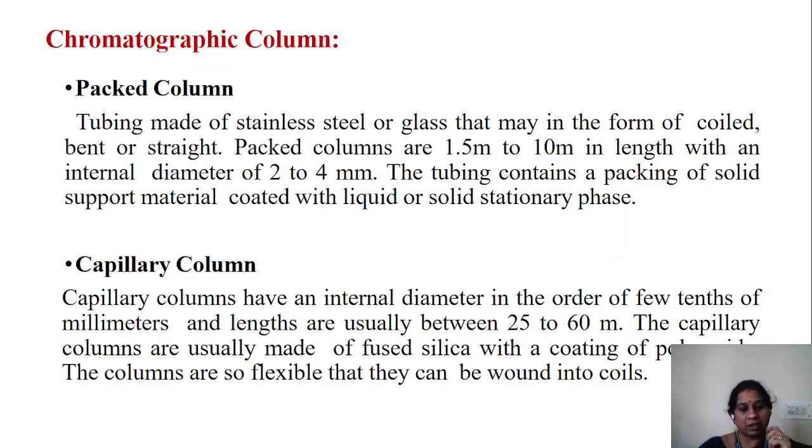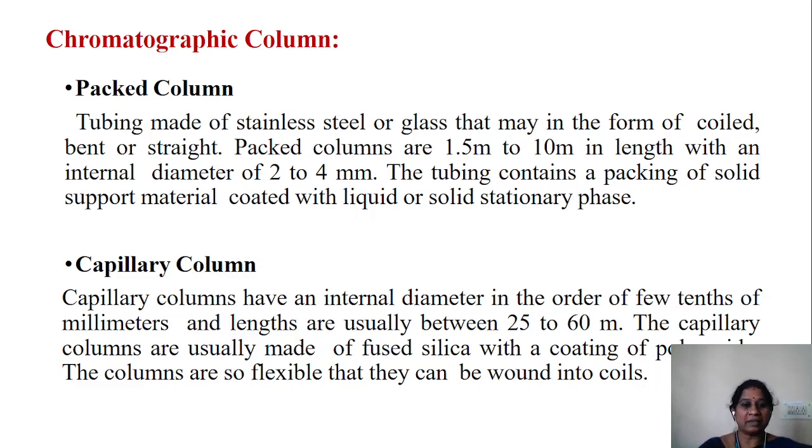Then comes the chromatographic column. Chromatographic columns are of two types: one is the packed column and the other is the capillary column. The packed column is made of stainless steel or glass that may be in the form of a coil, bent or straight. These packed columns are 1.5 meter to 10 meter in length with an internal diameter of 2 to 4 millimeter.